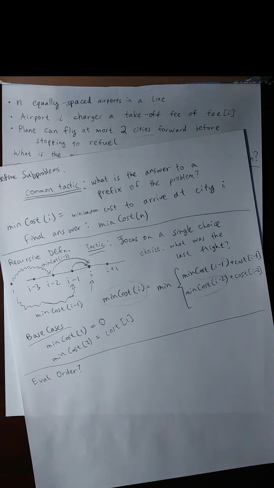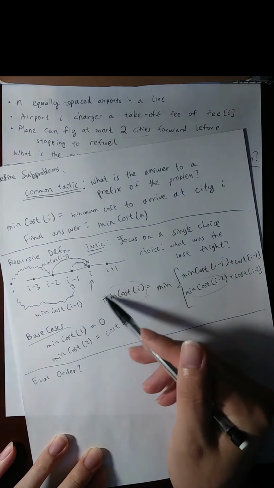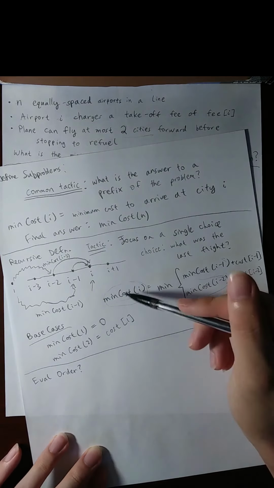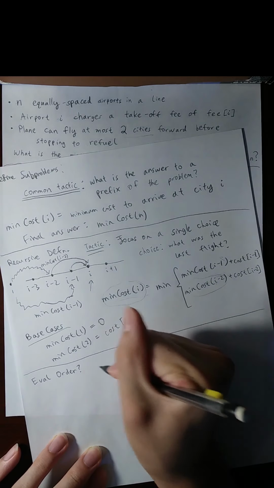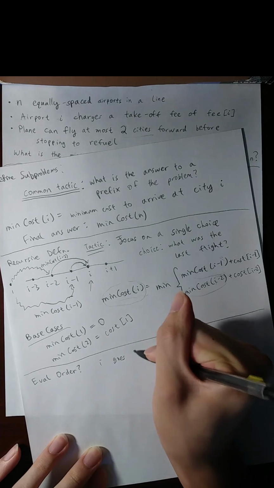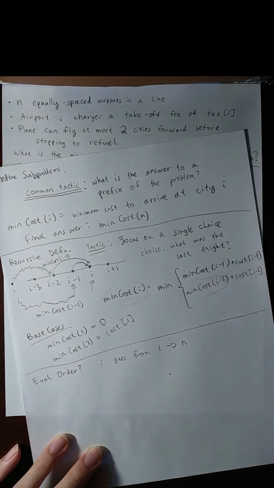If you think about both possibilities, you'll see that going from 1 up to n allows us to have the dependencies evaluated before the min cost I, which depends on these two. Whereas going the other way, we'll be trying to evaluate this before we've even evaluated these two, which is not possible. So our evaluation order is I goes from 1 up to n. Cool.